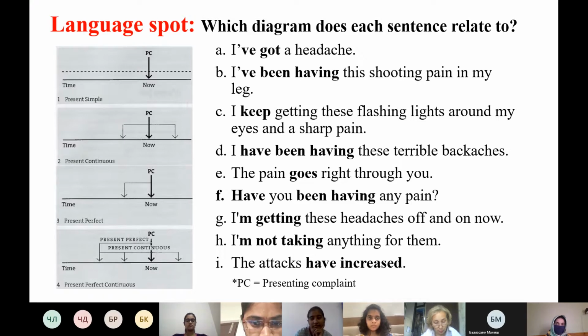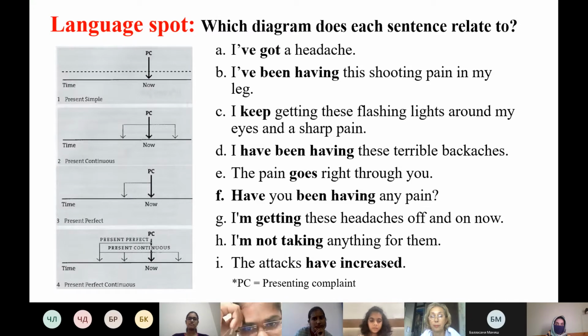Mohamed Mashrifuddin, the next sentence. Ma'am, I think he's not present. I see. Munukonda Mayuka Dipti, read sentence C. I kept getting these flashing lights around my eyes and a sharp pain.